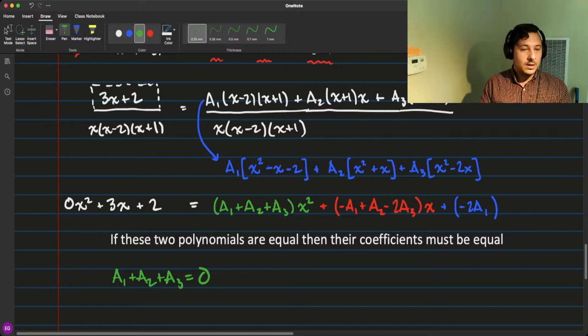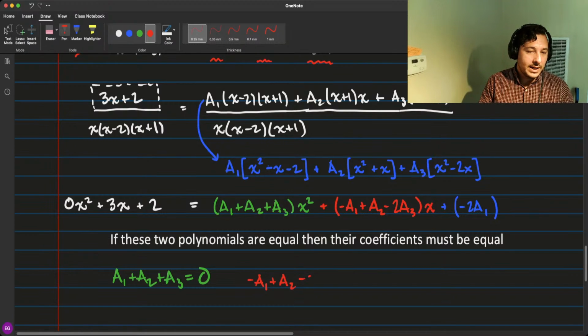What else also has to be true? Well, negative a1 plus a2 minus 2a3 needs to be equal to 3. And minus 2a1 needs to be equal to 2.